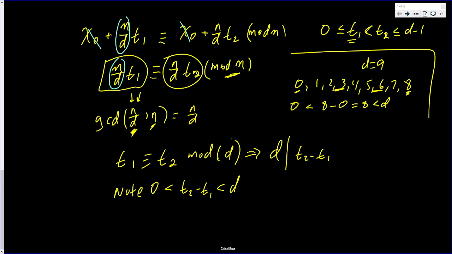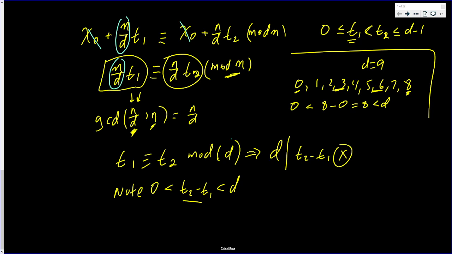So now, what does that tell us? If T2 minus T1 is less than d, what can we say next? The answer is that this is impossible. You can't have d dividing T2 minus T1.